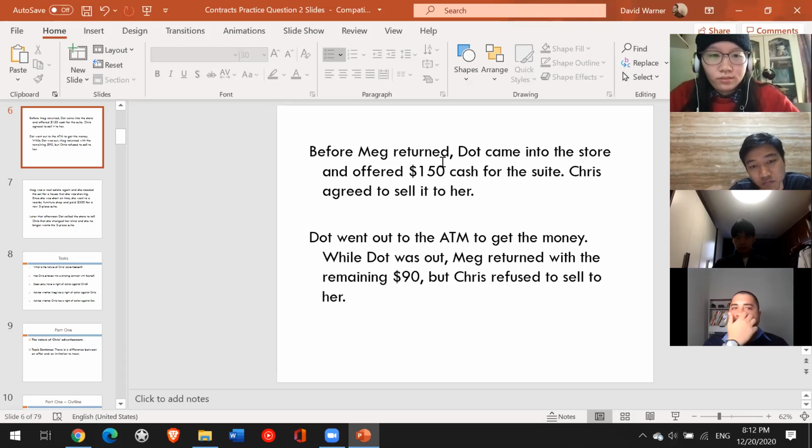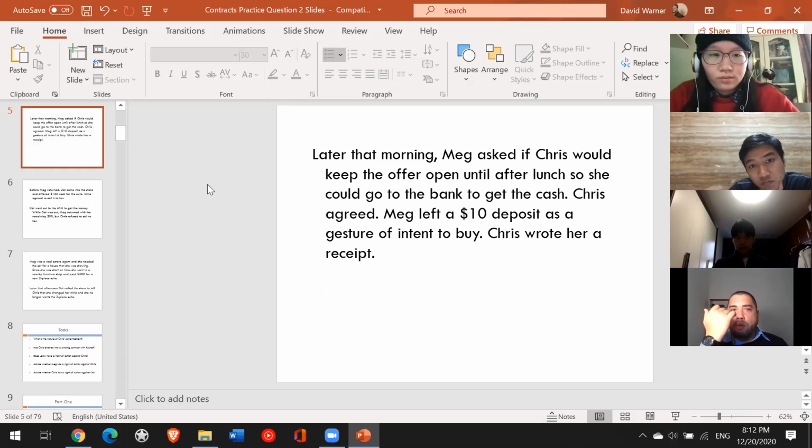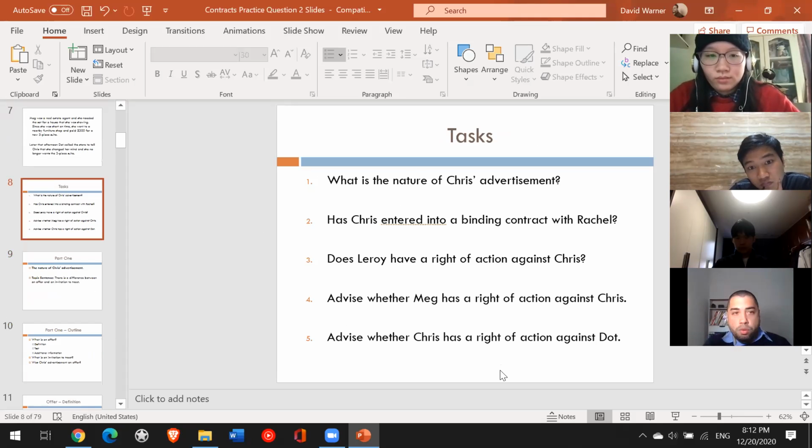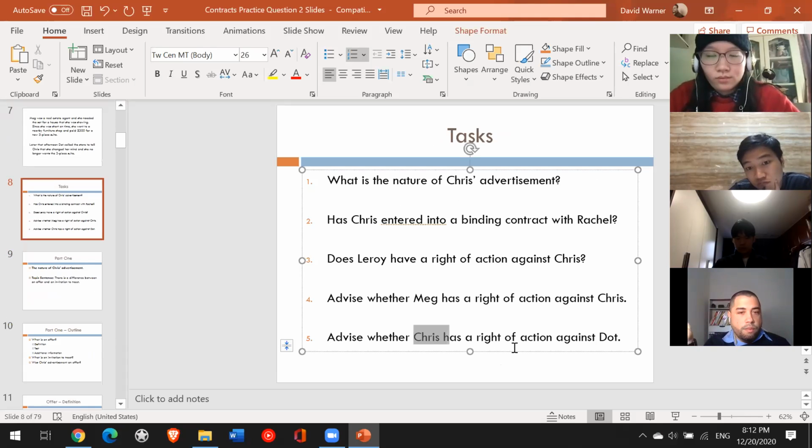And also, we don't have to discuss who will win or who will lose, right? Because we're just preparing the arguments to go to the court. Well, you'd be advising, does Chris have a way to sue Dot? So you're right. You don't need to say who would win. But if you said, does Meg have a right to sue Chris?